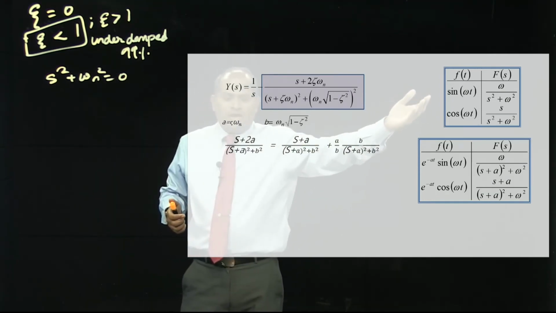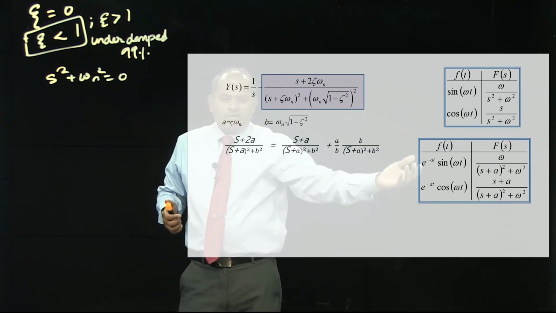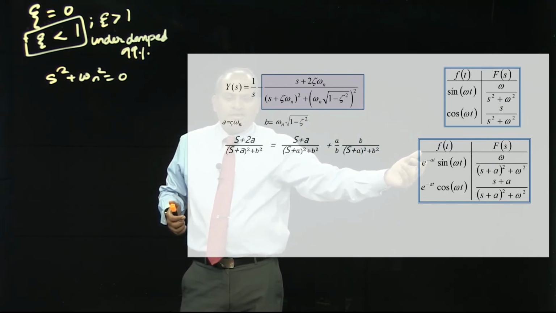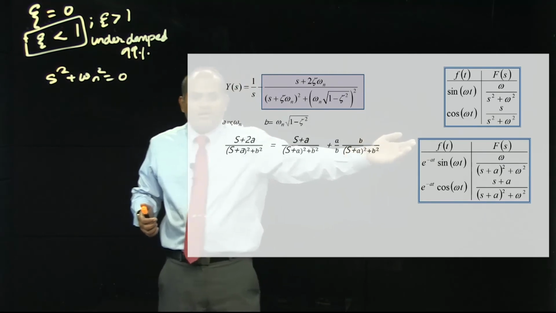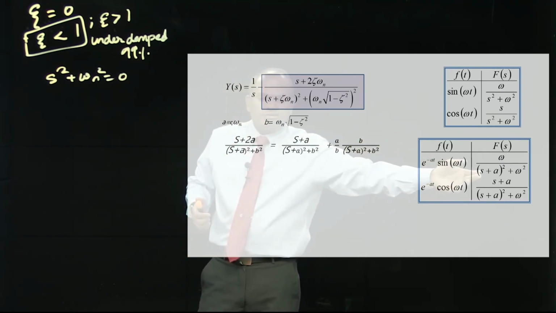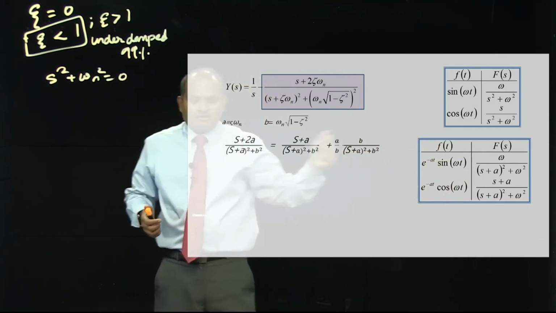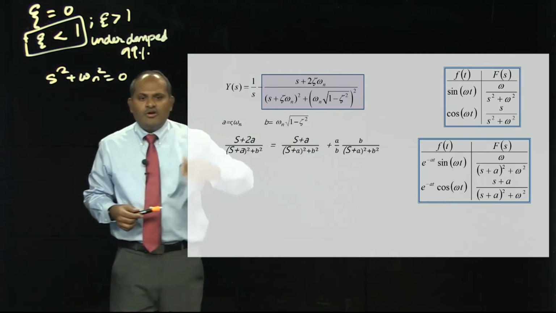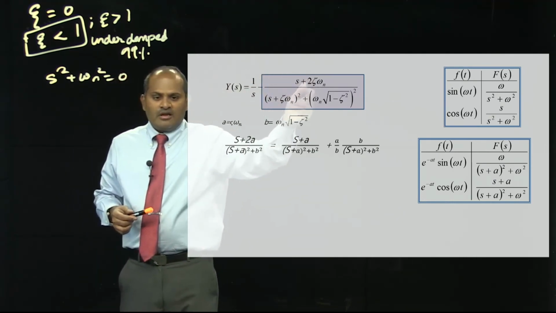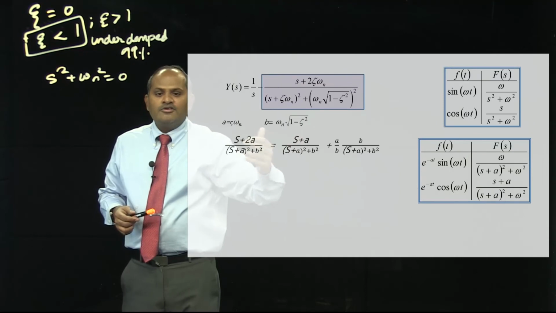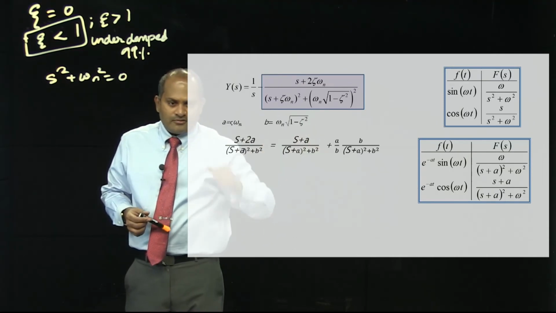If you also remember, if you have an e power minus a t term here, it becomes omega by s plus a square plus omega square for sin omega t and similarly for cos omega t. What we are going to do is use this expression and formulate it into a suitable form for inverse Laplace transform.